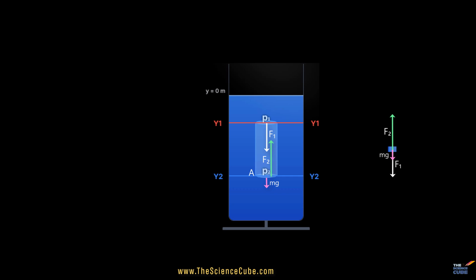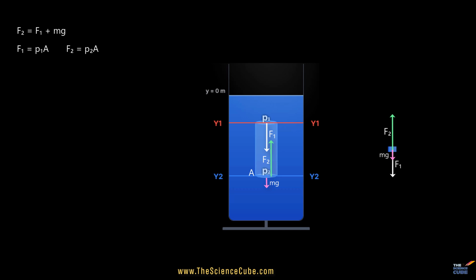Now, since this cylinder is static, that is, it is not moving, it is stationary, the forces should balance out. That is, the net force should equal 0. So we can write F2 is equal to F1 plus mg. Now, expressing this equation in terms of pressure, we write F1 is equal to P1A and F2 is equal to P2A.